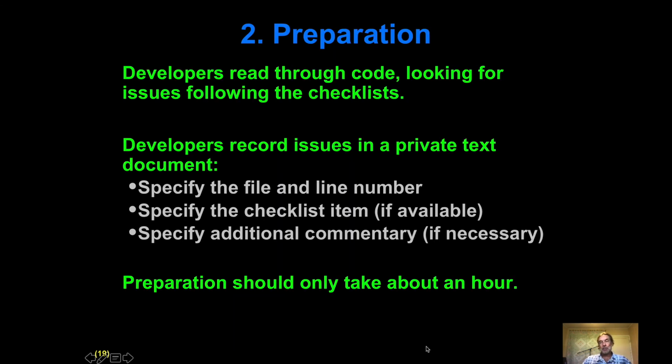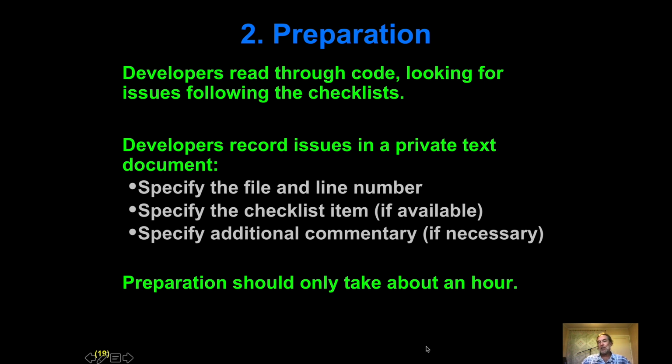So after that's been published, the preparation phase is several days where the developers need to put in an hour reading through the code, looking through issues, and then creating some private text document. So you don't share things with other developers during this phase. Everybody should be working on their own and not sharing it.